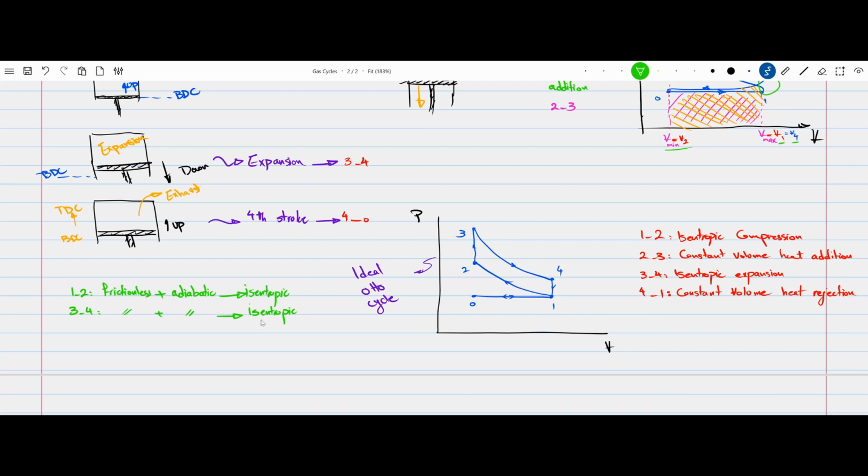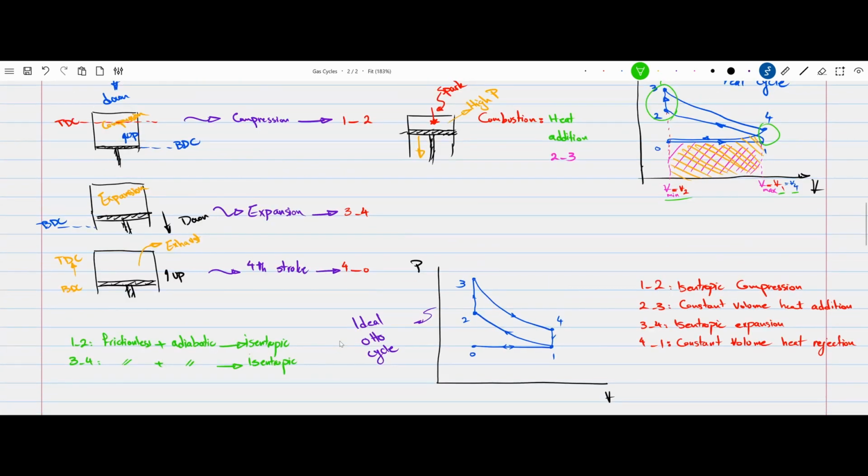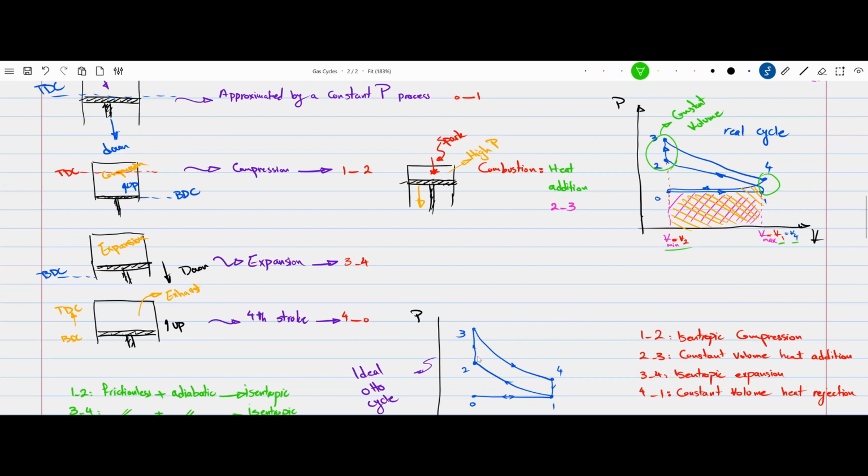Again, as you can see, let me scroll up a little bit. As you can see, the ideal and the real are not 100% match, but the ideal, through these assumptions that we made, is a good approximation of what is actually happening within the real cycle.